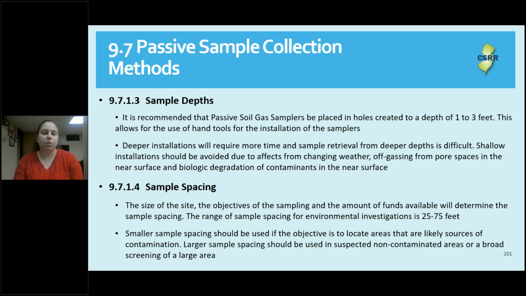Generally, we like to place the samplers in a grid-like pattern, about 25 feet between them. For larger sites or suspected non-contaminated areas, spacing of 50, 75, or even up to 100 feet can be used. If you're doing larger areas, such as a residential area, transect lines may be more appropriate for that type of sampling. Next slide, please.